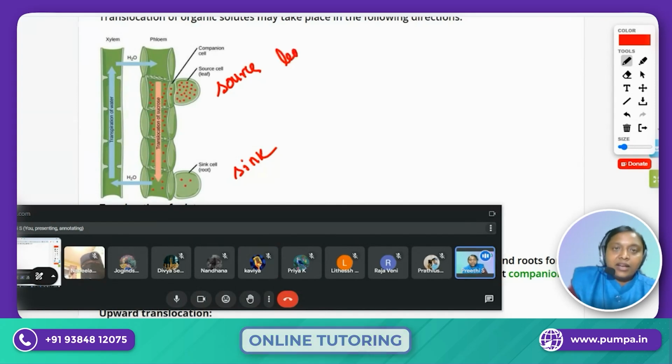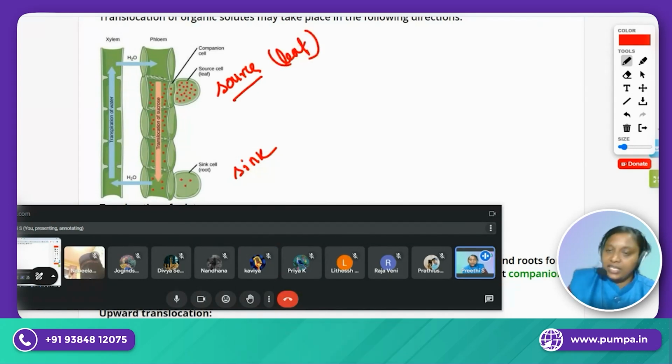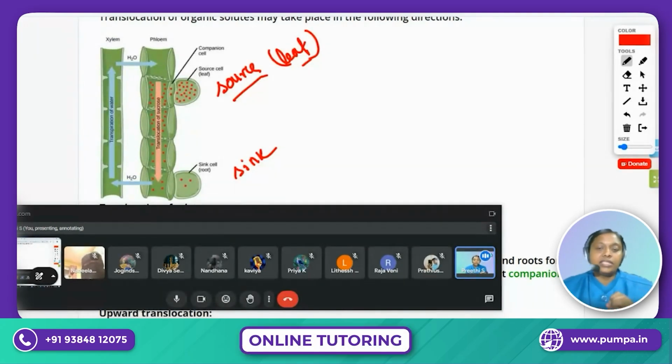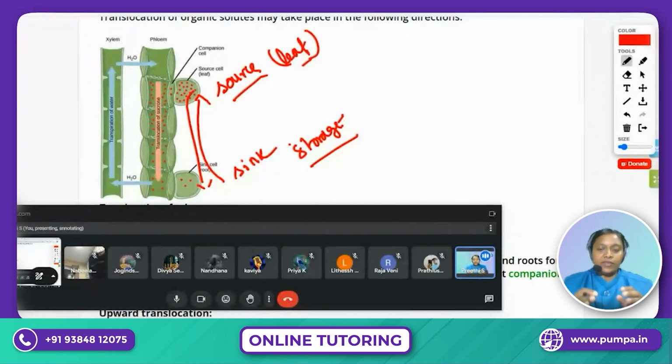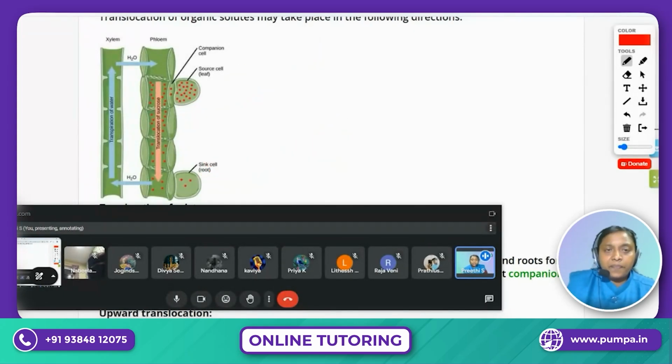The source is the leaf, because photosynthesis is done there, or the glucose is produced there. Next, the sink, which is storage. Any plant will store food, right? So from the source to the sink, and then from the sink to the source, the phloem has to be helpful. Phloem is bidirectional, from the leaf to any parts.